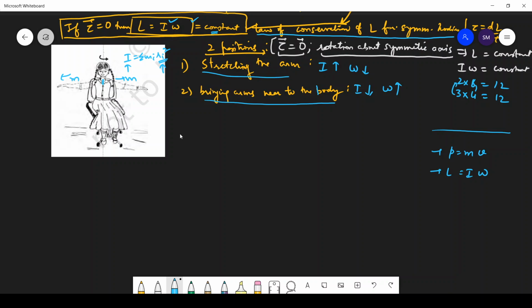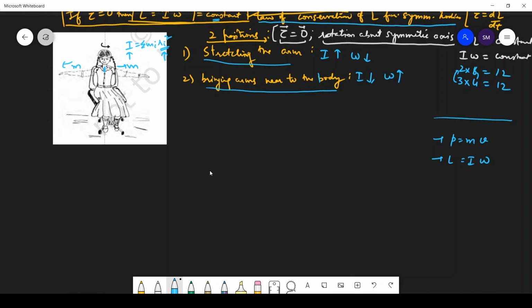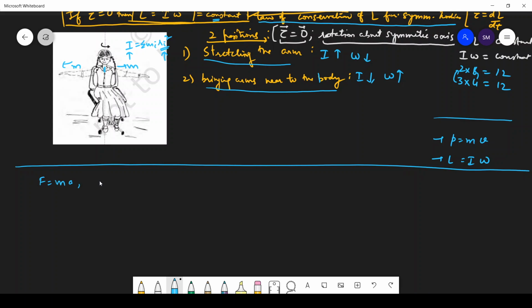Now let us derive one more formula, the last one in fact, and that one is like F is equal to ma. So here the equivalent in rotational motion, tau is equal to I alpha. Okay, let us derive this formula now.